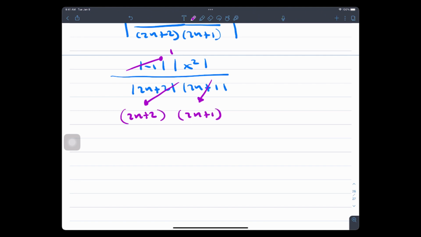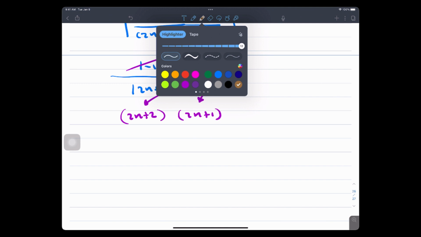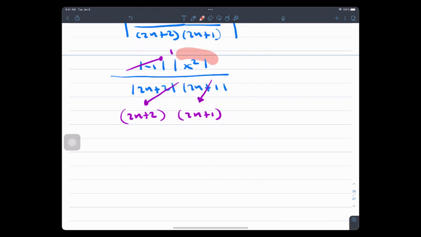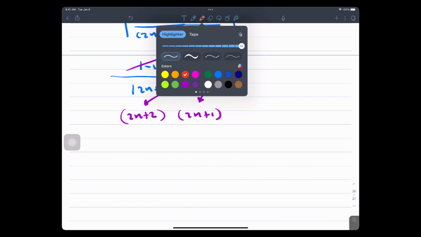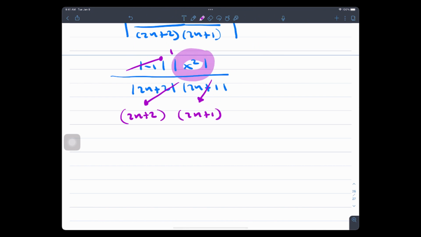The only thing you probably are going to remark about is what do you do with this x squared here, right? What happens with this, algebraically speaking? Well, by the product rule, you simply pull out the power, right?